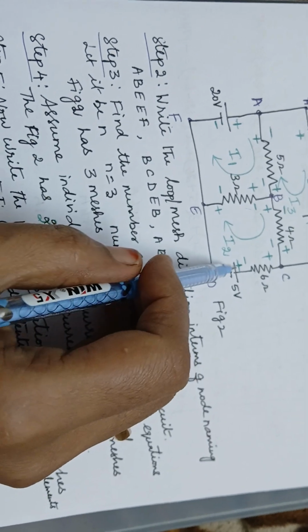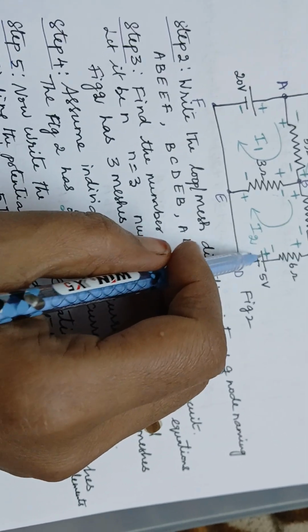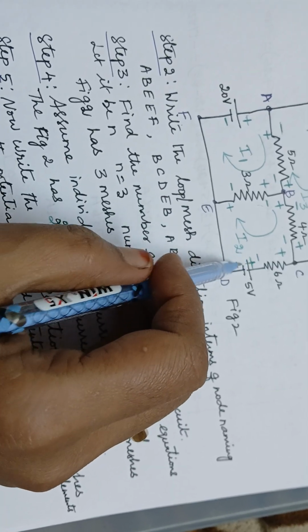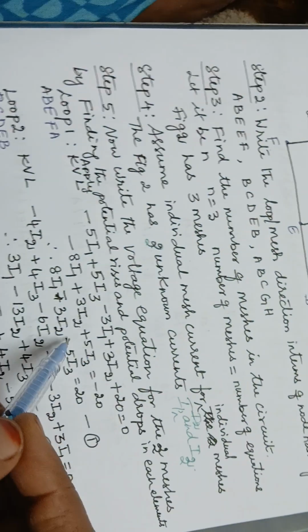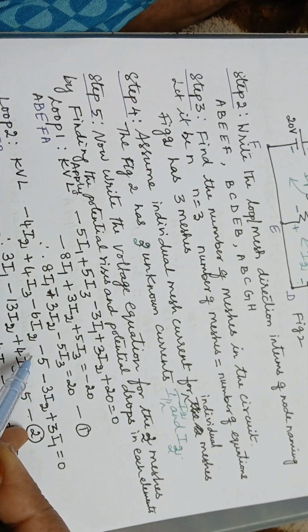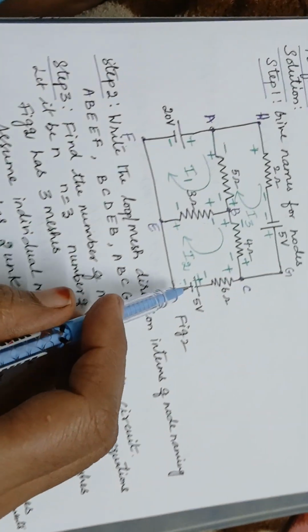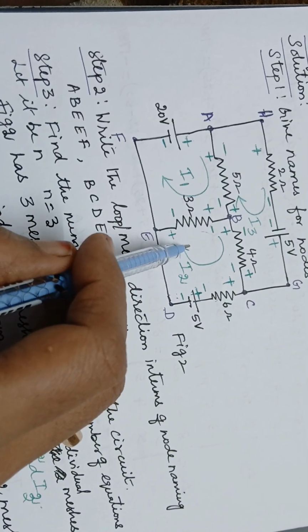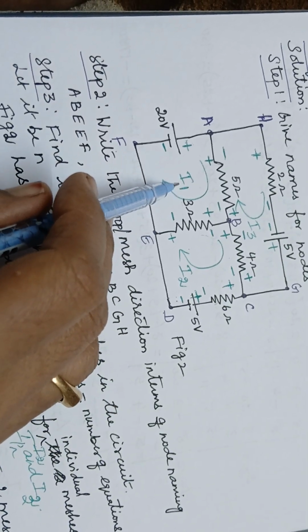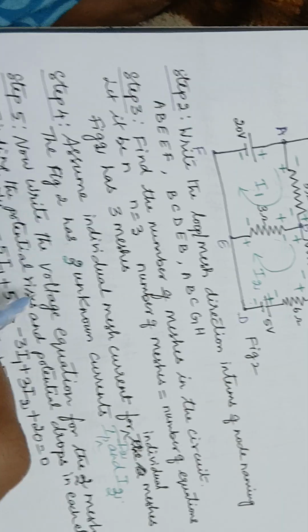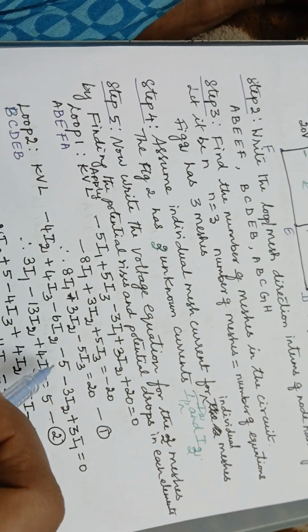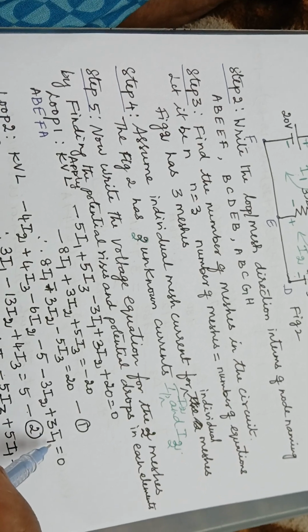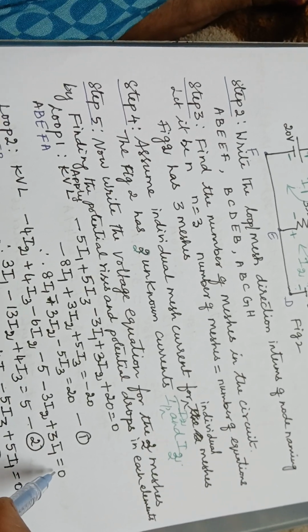Okay, and then here it is plus 2, minus means it is minus 5 volt. Okay, minus 5, and then it enters into this 3 ohm resistor. I2 is acting, I1 is also acting across the 3 ohm. So what happens is minus 3 into I2 plus 3 into I1 is equal to 0.